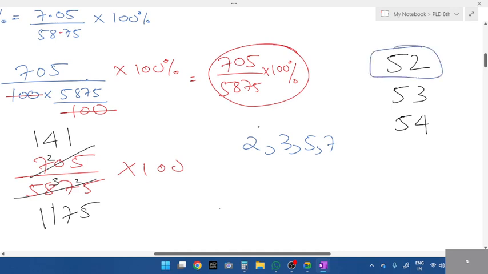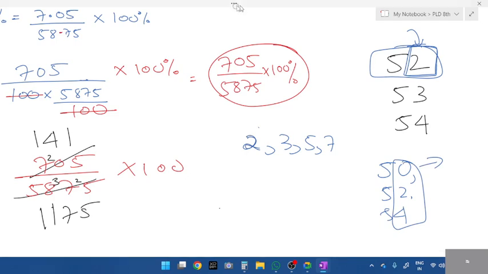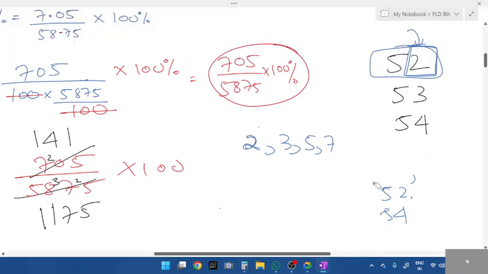Is it divisible by 2? How do you check? The last number is 2. So remember, whenever the last number is 0, 2, 4, it should be divisible by 2, or it should be an even number. That's the rule for 2.